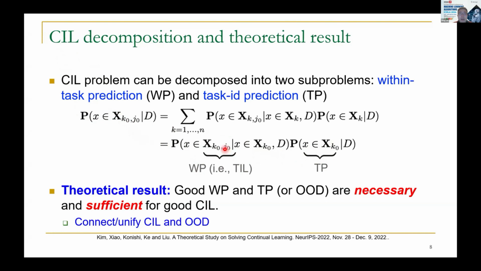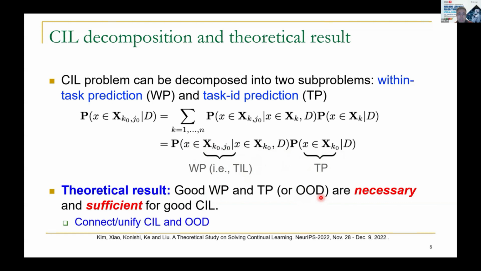We have a theoretical result saying that a good WP and a good TP are necessary and sufficient for good CIL. So the WP and the TP must both be good in order to achieve CIL. But that's not enough. How do we achieve TP? This is a very difficult problem. We discovered that you have to do OOD, out-of-distribution detection, which basically means that when you build each task model, that task model must achieve very good out-of-distribution detection capability.